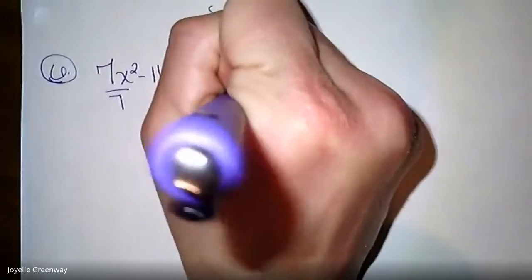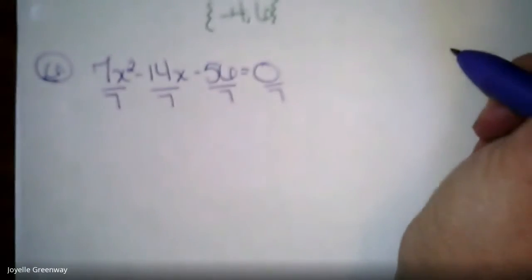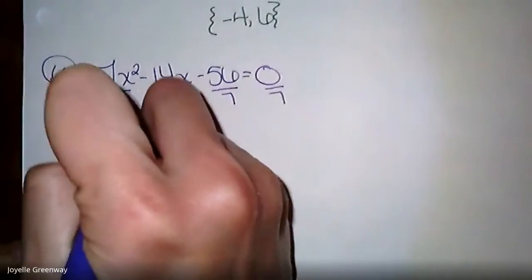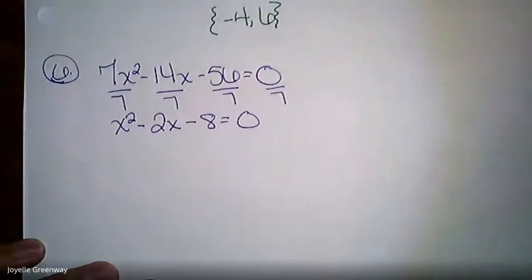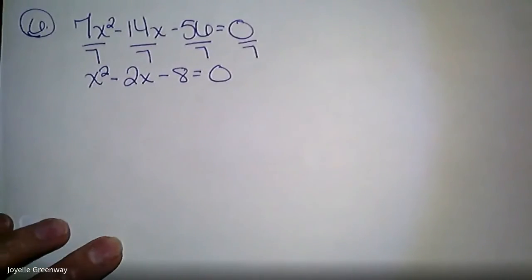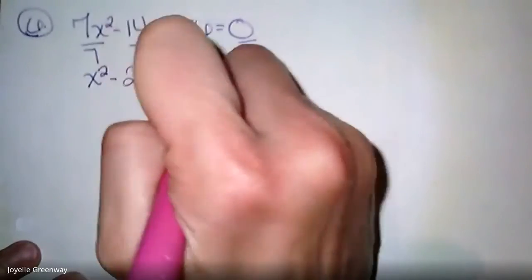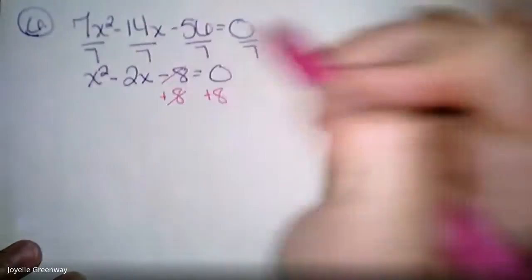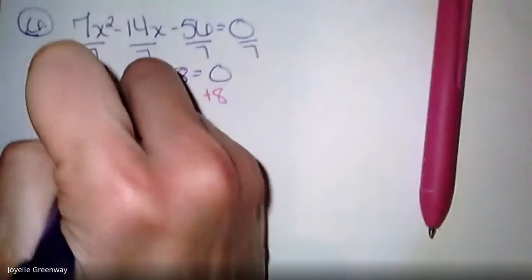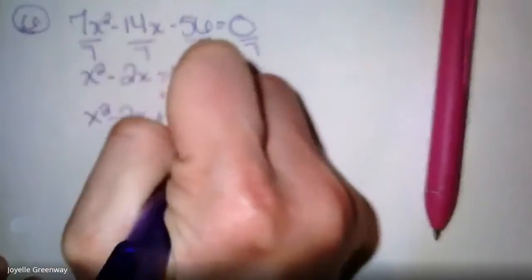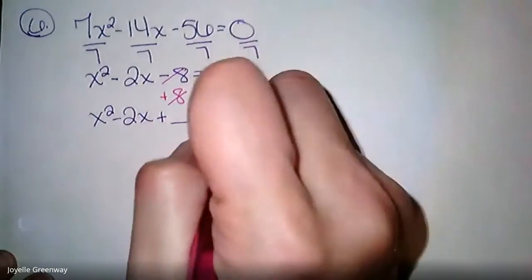So my a term is not 1. So I need to divide every term by 7. So I get x squared minus 2x minus 8 equals 0. Okay? So then I can add my 8 to both sides. And I have x squared minus 2x plus blank equals 8.